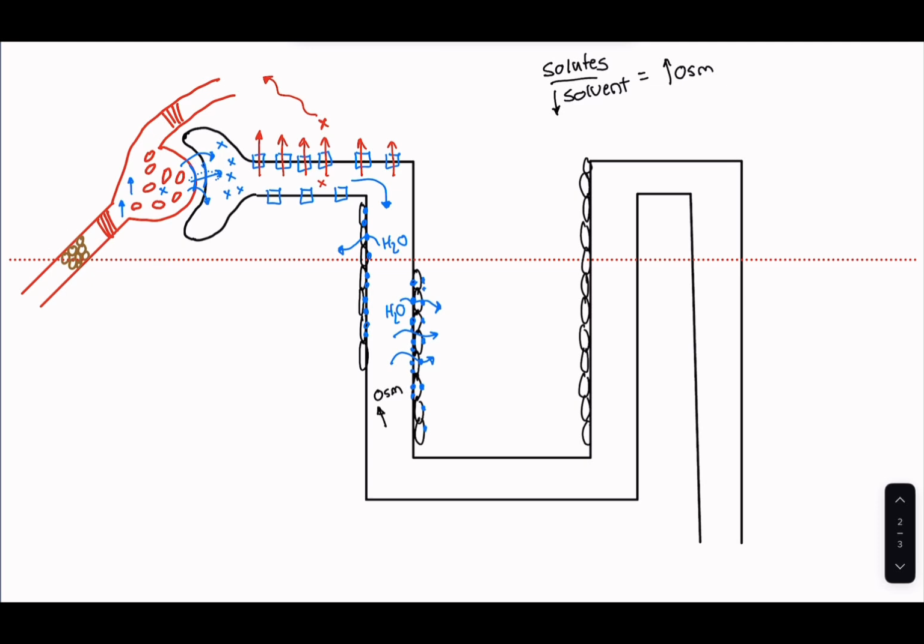So water has a really hard time moving across the epithelial barrier that makes up the ascending limb. So no water moving across here. But they have a bunch of channels on both the apical surface, so the surface that's facing the lumen or facing the tube, and then also on the basolateral surface, which is the surface of these epithelial cells that's facing the interstitial space of the medullary region of our kidney.